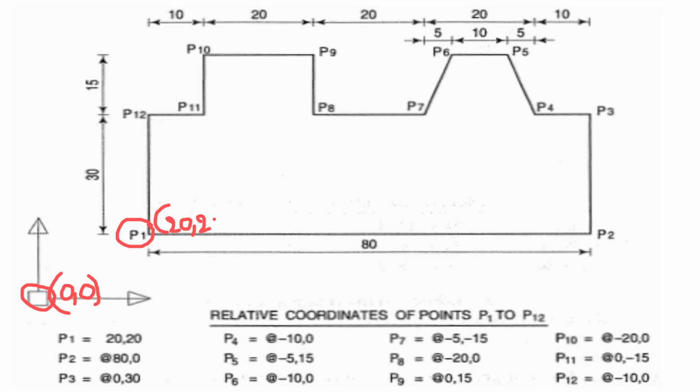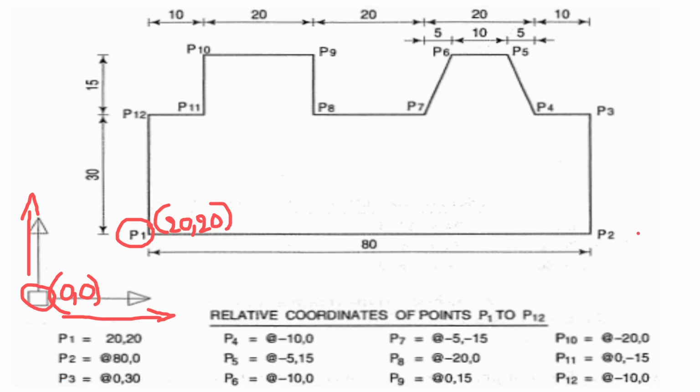We already saw in the last session that P1 was taken at a distance of 20 along the x-axis and 20 along the y-axis. That is the way we notate P1 as 20, comma 20.